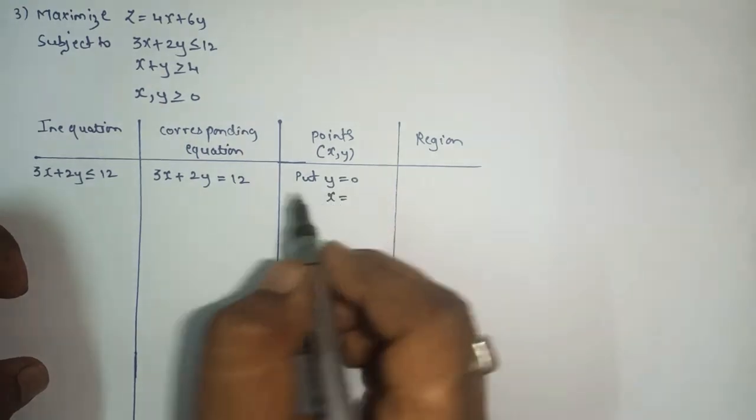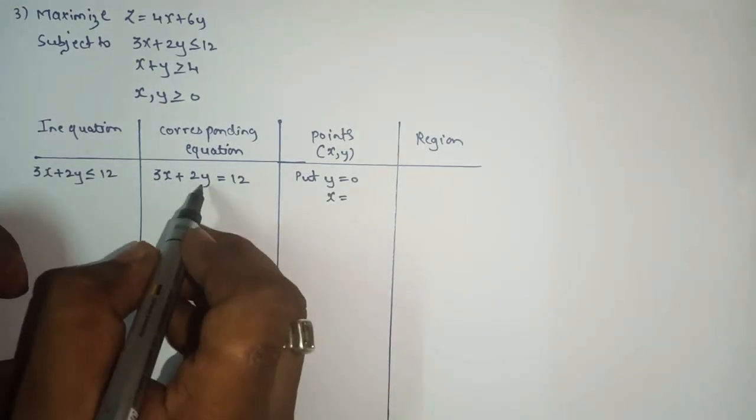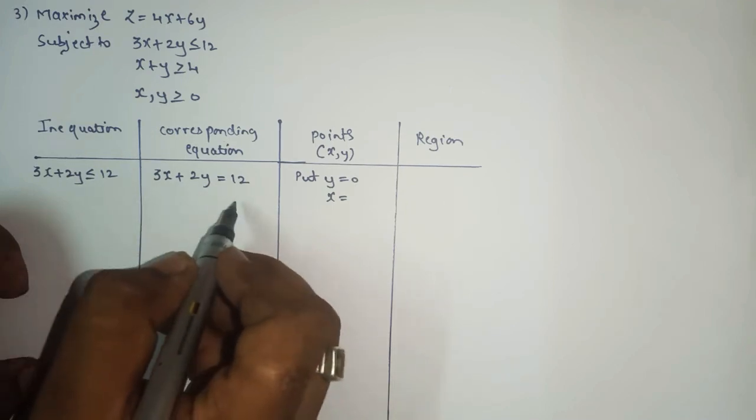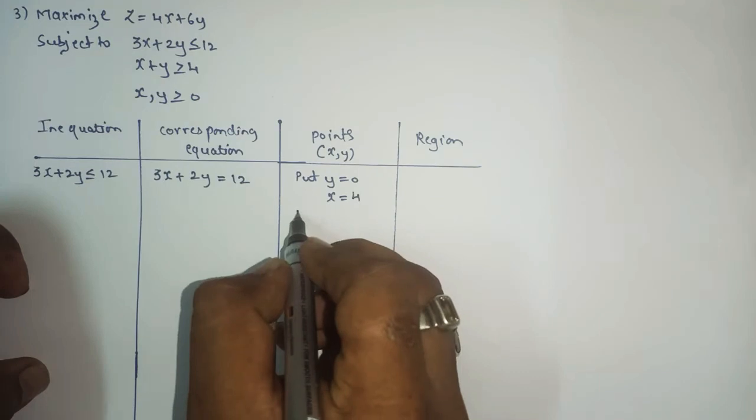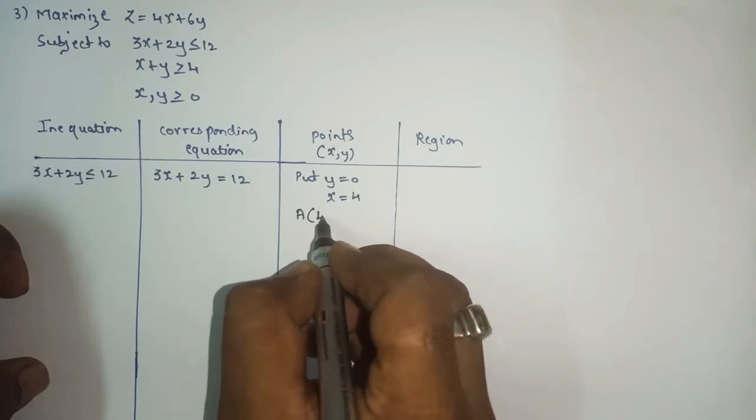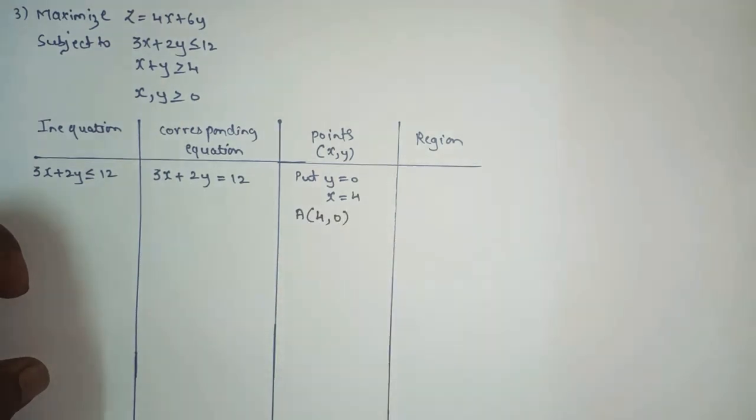So your x will be what? 3 will go down, as y will be 0, so 12 upon 3 will be 4. So here we got the first point, that is x comma y, 4 comma 0.